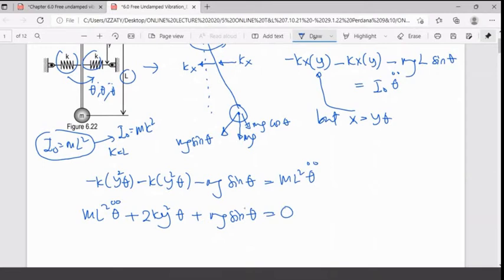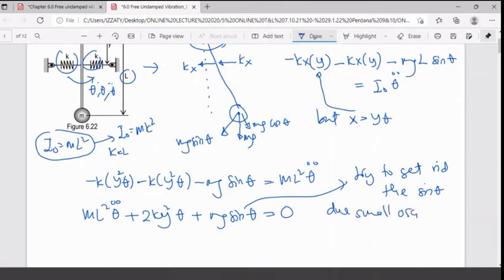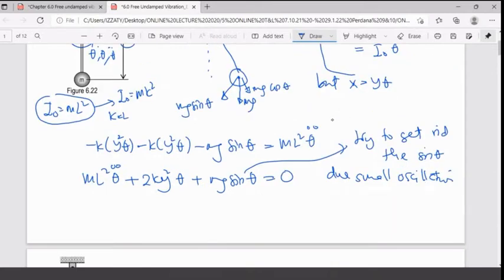And this one you have to get rid of. Try to get rid of the sine theta. In mathematics, of course, you cannot just cancel it off, isn't it? So due to small oscillation, this theta has a tendency to becoming 0.